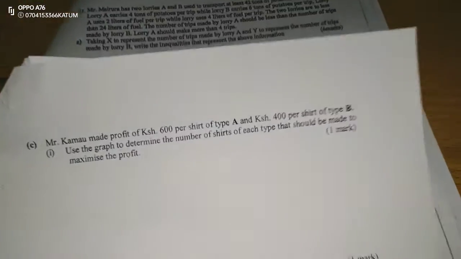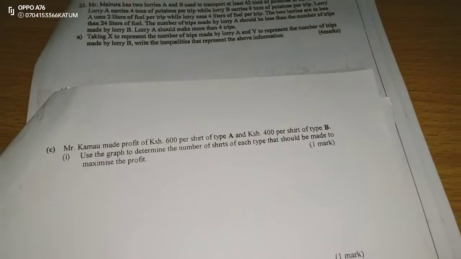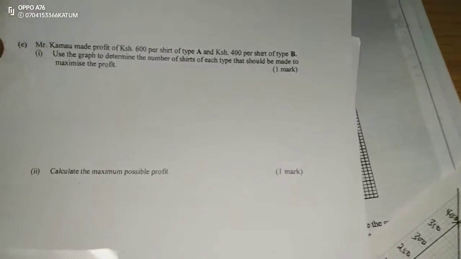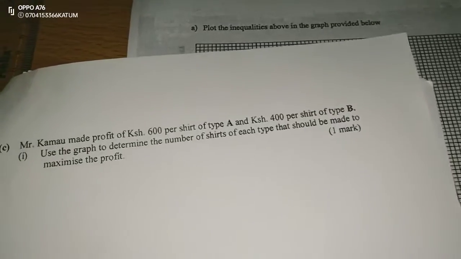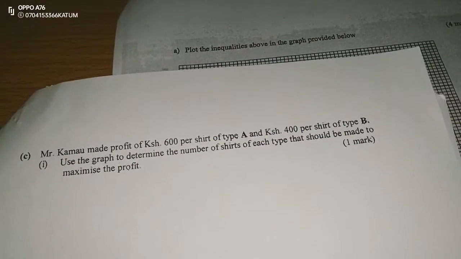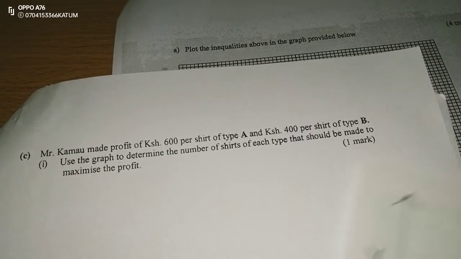It's telling us that Mr. Kamau made profits of 600 per type A shirt and 400 per type B shirt.